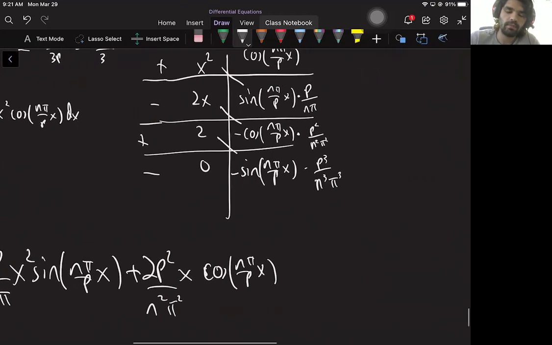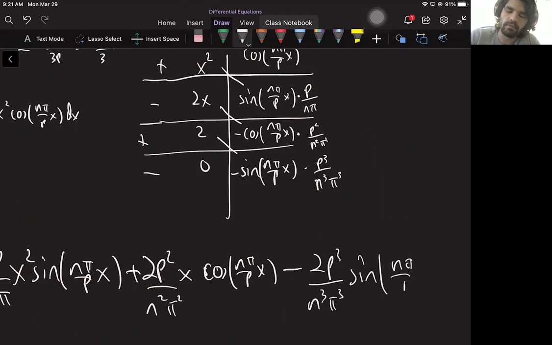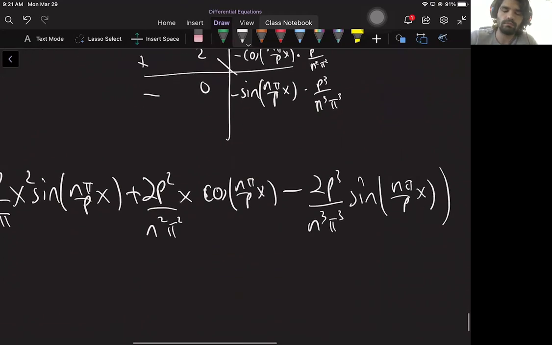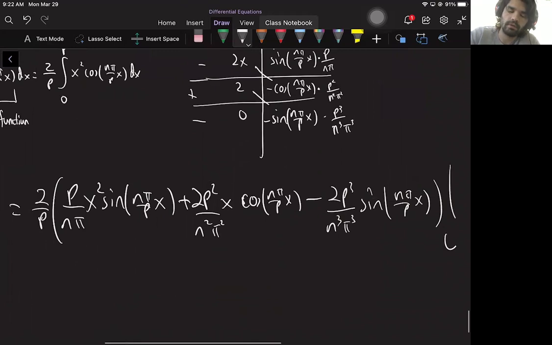And the last one, there is a negative 2p cubed over n cubed pi cubed sine of n pi over p x. Okay, and that's being integrated from 0 to p. Looks like a mess. Let's see. All right, change the x's to p's. That's all we've got to do.